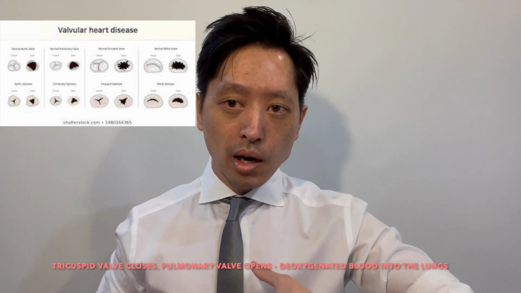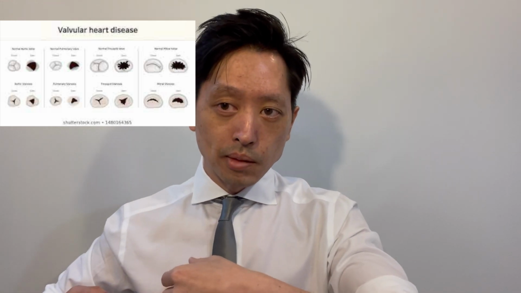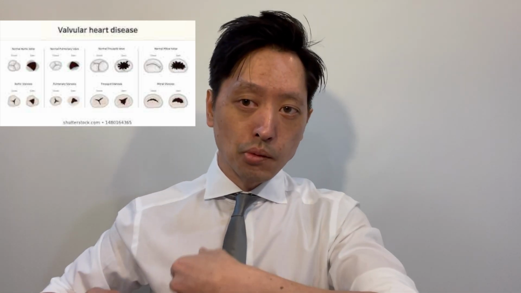When your pulmonary valve opens, your right ventricle can pump that blood into your lungs. So that blood goes into your pulmonary artery, past your pulmonary valve into your lungs. And when your right ventricle pumps that blood into your lung, there's no regurgitation of that blood back into your right ventricle because your tricuspid valve is closed, right?